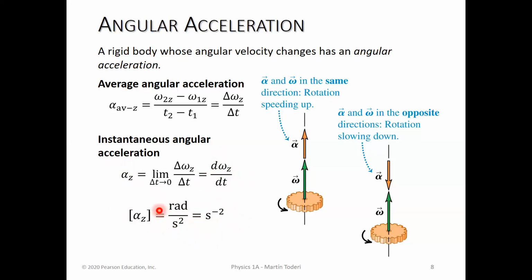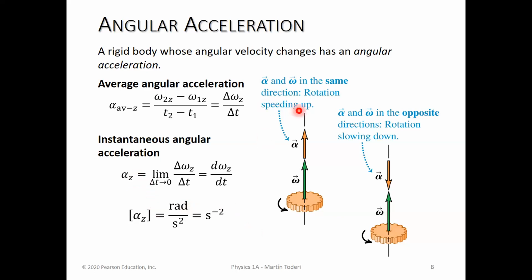All right, so you can see that here meters are being replaced by radians, right? Because that's how our position is measured in angular quantities.